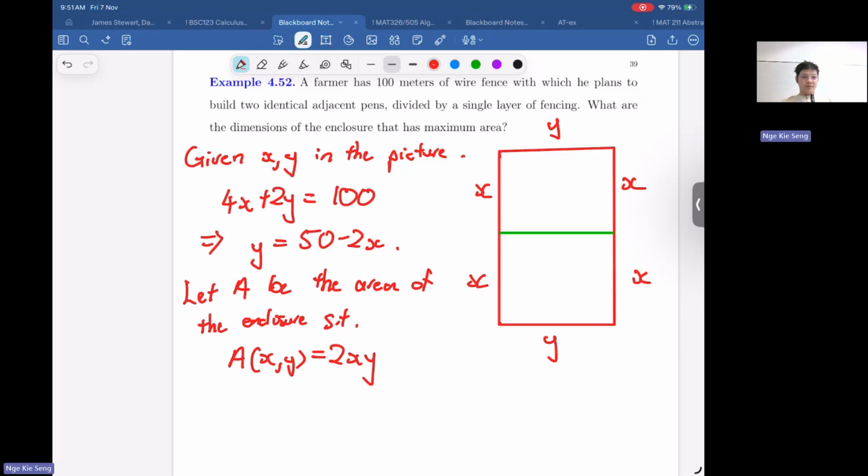To be precise, let's say the area of one pen. So let's maximize one, and if you maximize one, it should maximize both of them.